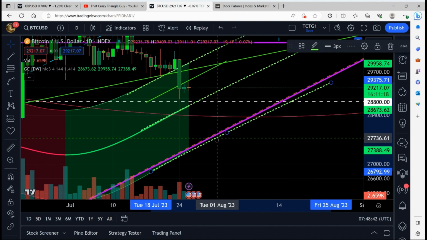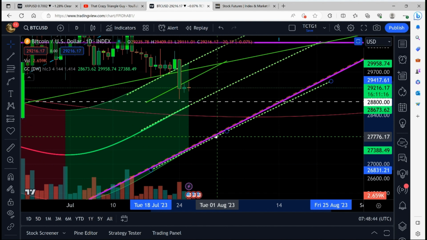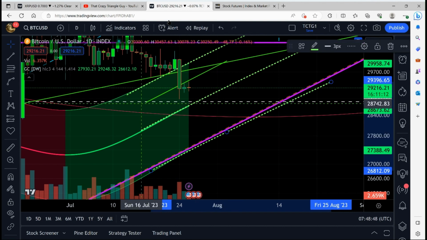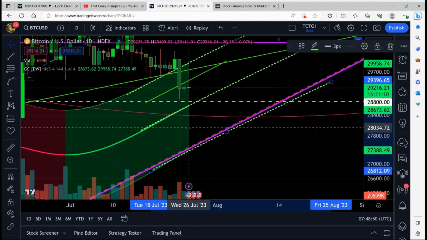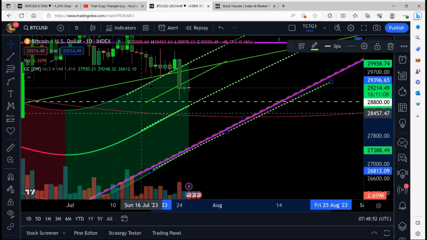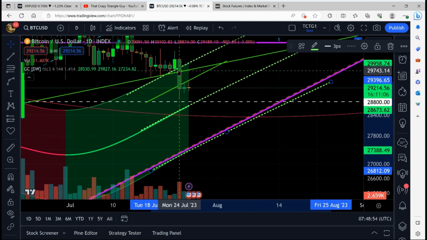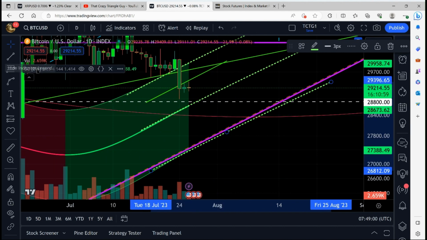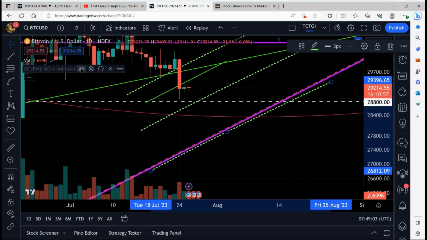I'm going to move this one up a little bit. Anyway, it's not going to be perfect, and I adjust these daily as the Gaussian channel changes because this is real fluid, let's say. But anyway, that's what those are. And I want to turn this off for right now.